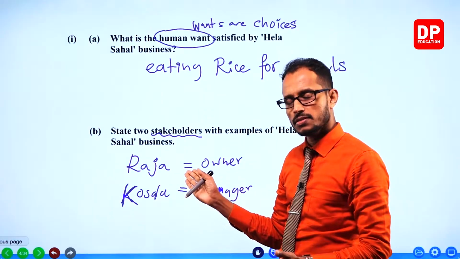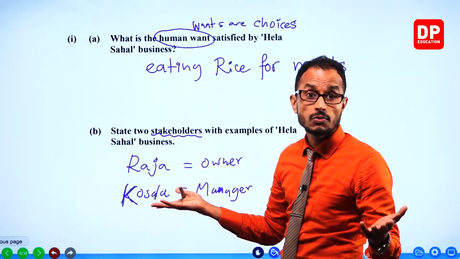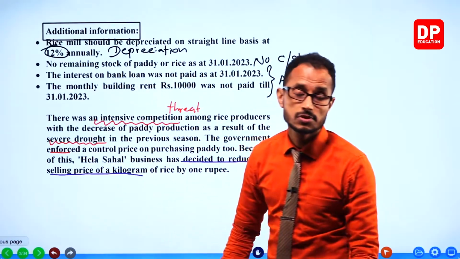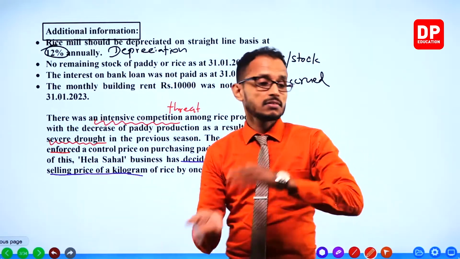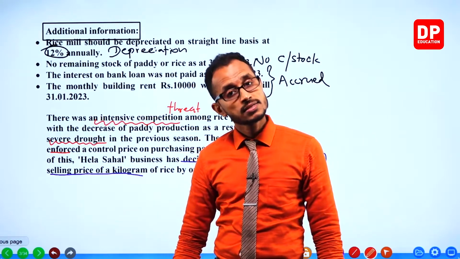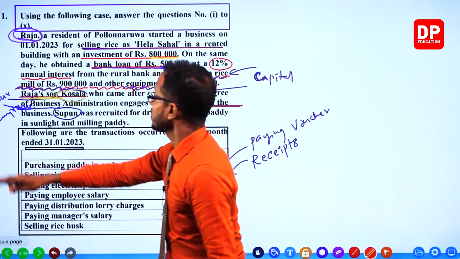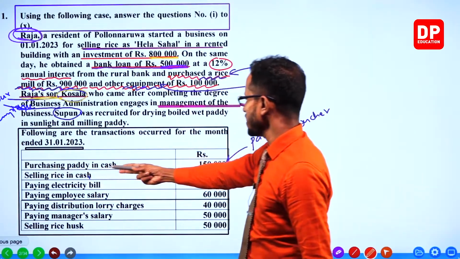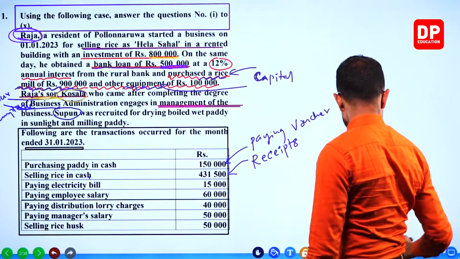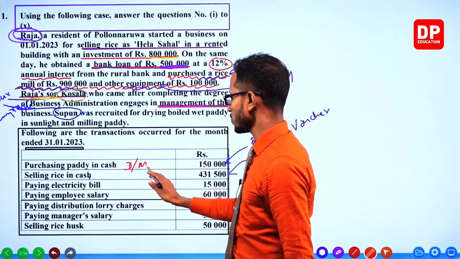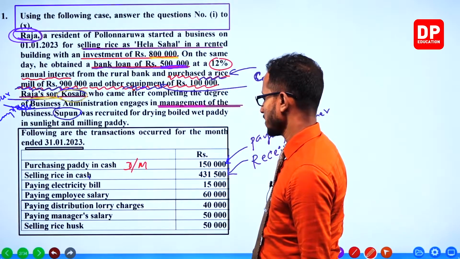Here, the product is rice. What is the main material? Paddy. Rice is produced from paddy. Purchasing paddy in cash. This is a direct material cost.